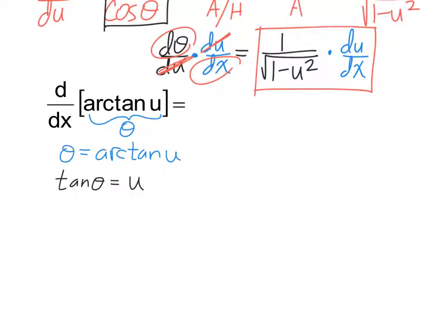You can flip it around, or you could just not write the tangent of theta equals u and go directly to u equals tangent of theta. When all is said and done, you're going to need them both anyway, so it doesn't make a difference. But we would then take the derivative of u with respect to theta, du d theta. What's the derivative of tangent of theta? Secant squared theta.